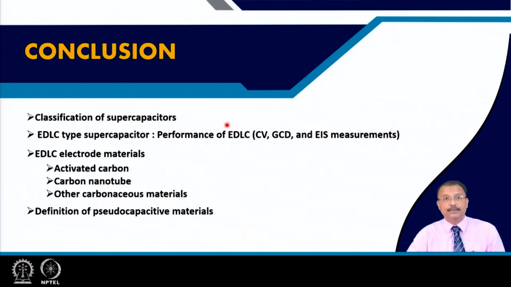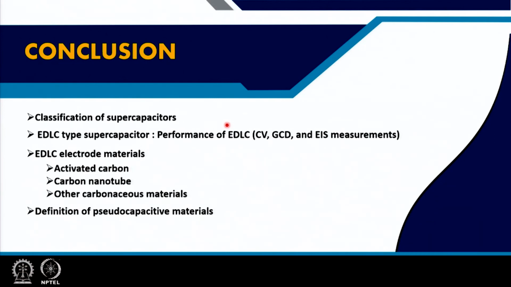Then I provided some idea. Then we talked about certain EDLC material, mostly how activated carbons are made, carbon nanotube in different forms, in a structured form or in a noodles type form, which can also be used as a current collector itself. You can use this material and other carbonaceous material like templated growth, controlling the porous structure that we introduced, and then we just defined what are pseudocapacitative material, and we will continue it in the next lecture.